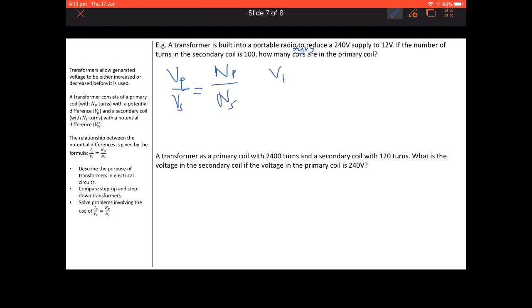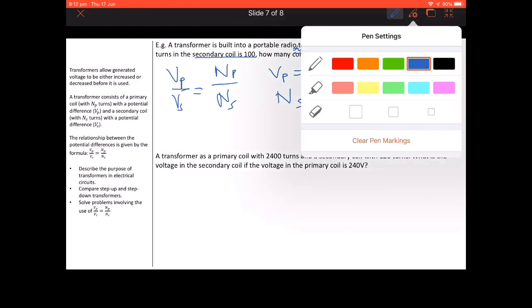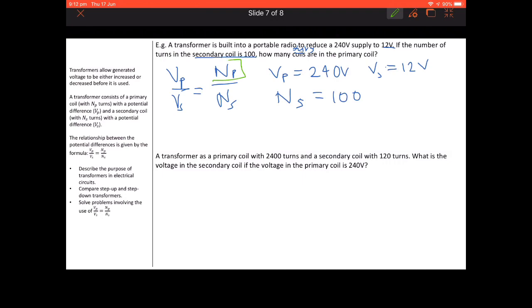Our Vp is equal to 240 volts. Our Vs is equal to 12 volts, and we know that the number of turns in the secondary coil, Ns, is equal to 100. So we are looking for the number of turns in the primary coil.